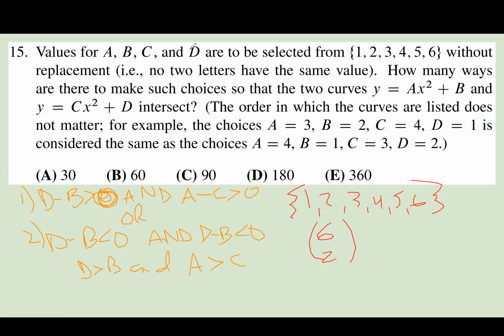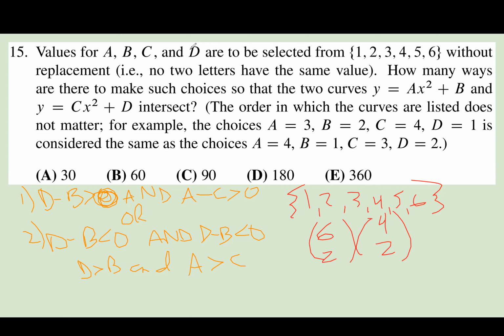So it'll automatically determine which one's b and which one is d. The bigger one just becomes d. That's it, right? And then from the remaining 4, we just pick another 2. And then again, one will be bigger, one will be smaller. The bigger one will be a, right?